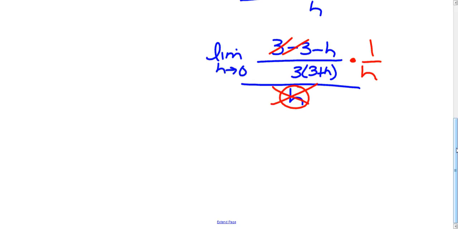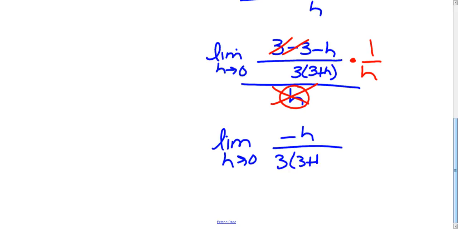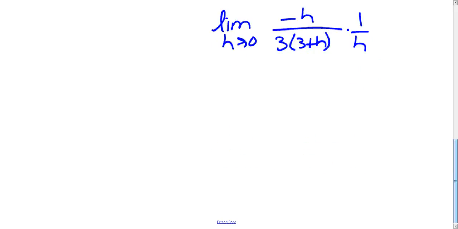So now what I have is the limit as h approaches 0 of negative h over 3 times (3 plus h), times 1 over h. Hopefully you can see that these h's can cancel.